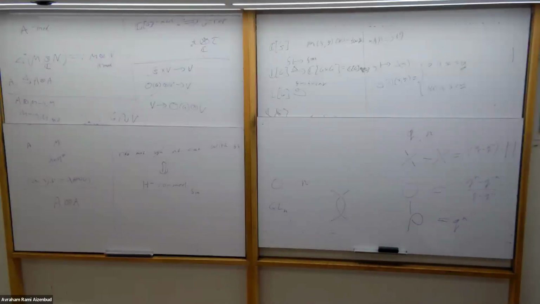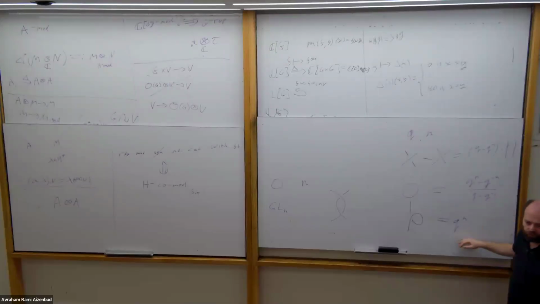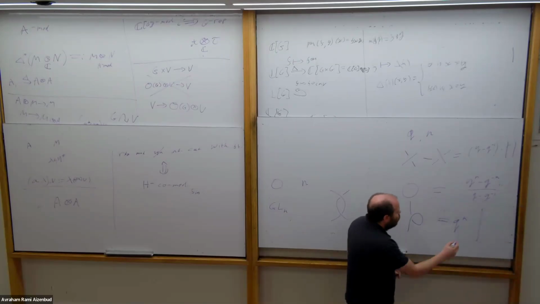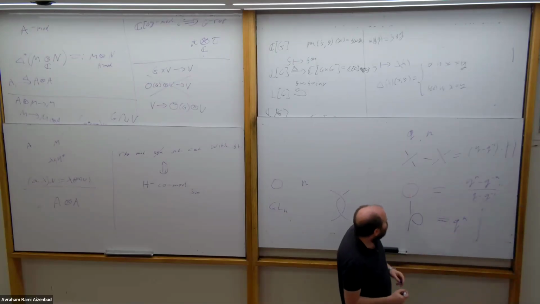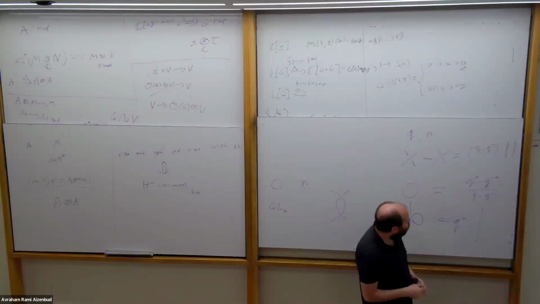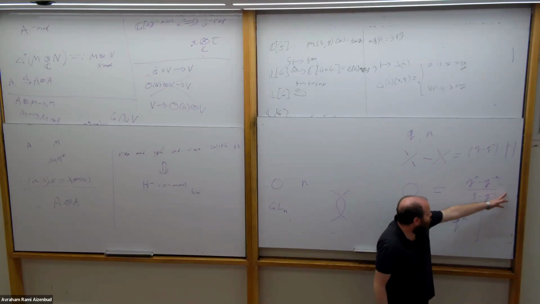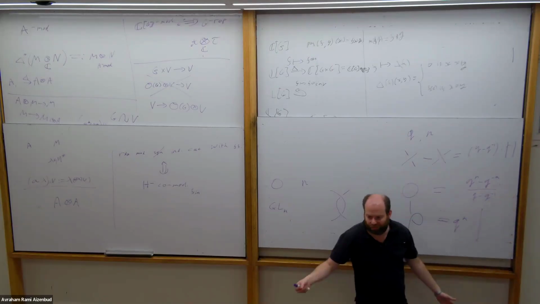And like we saw before in the situation of GL_n, if instead of all this, here we just put 0, here we just put n, and here we just put 1, and this we put times this. This I don't put times anything because it's the identity morphism of the identity element.